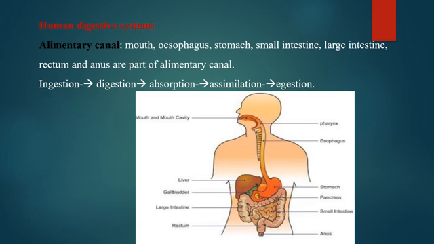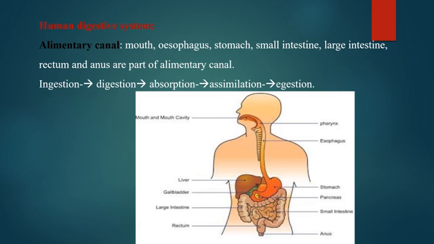First is the mouth, which goes to the pharynx, then esophagus, then stomach, then pancreas, liver, gallbladder, small intestine, large intestine, rectum, and last is the anus. The steps involved in food digestion are first ingestion, second digestion, then absorption, then assimilation, and last is egestion.